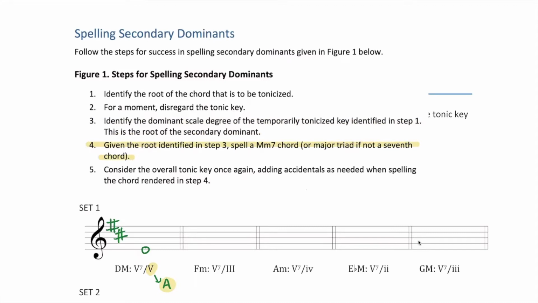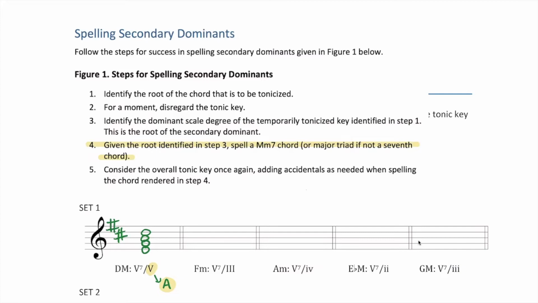Let's get our stack of thirds and then we'll check the quality. There's our 7th chord. However, we need to make a change. This chord will likely be chromatic because it's a secondary dominant. So, how do we spell it? E is the root.